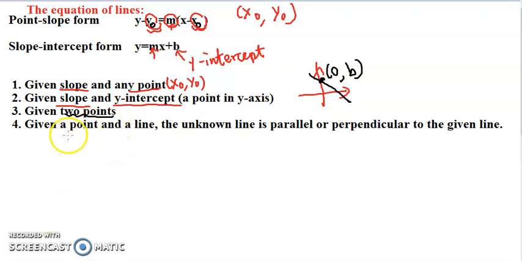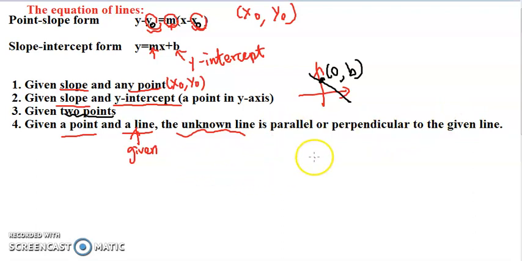Now we're going to look at the fourth type of question. Given a point and a line, the unknown line is parallel or perpendicular to the given line, which we know.